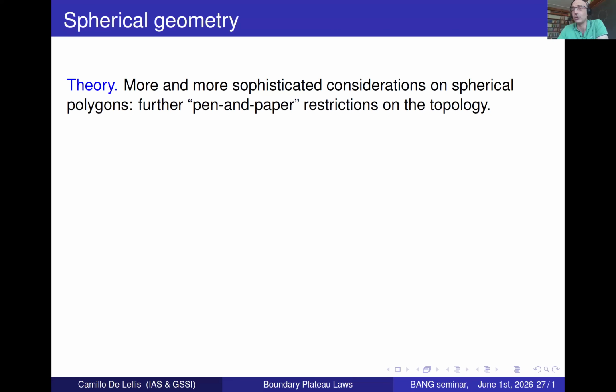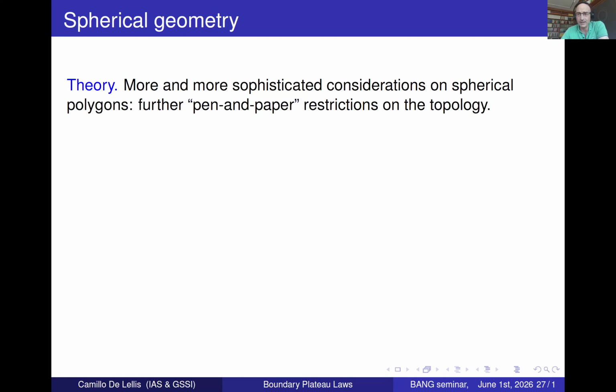You can imagine that this is going to be useful in many situations, because your net on the sphere is splitting the complement into spherical polygons. And so considerations about what these spherical polygons might do are going to be powerful criteria to exclude some of the topologies.